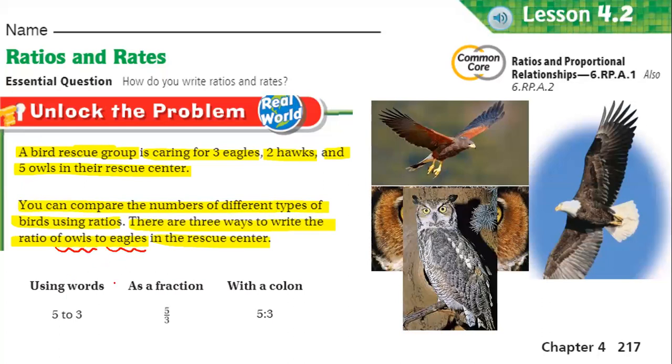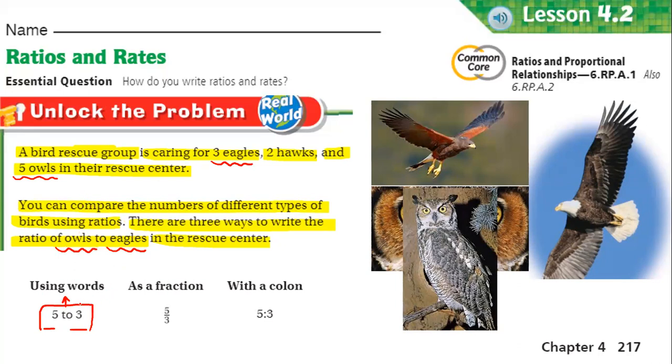He says eagles. So look at the number of owls first. Owls, yeah, here 5. So you must write 5 first, then the number of eagles, 3. So 5 to 3.